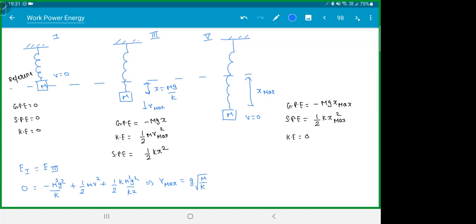Looks right. That's your V max. You want maximum elongation, state 1 and state 5: 0 equals minus mgx plus half kx square. X will be 2 mg by k. Please check your answers.